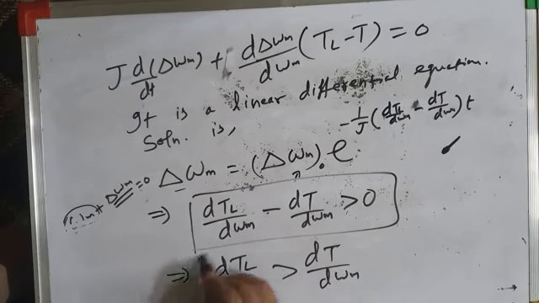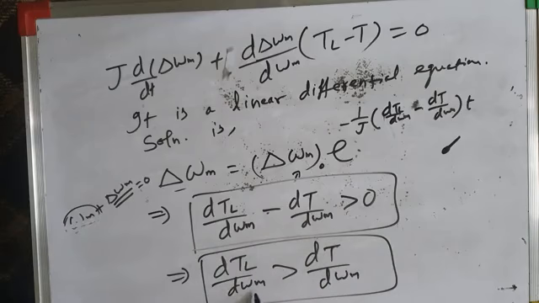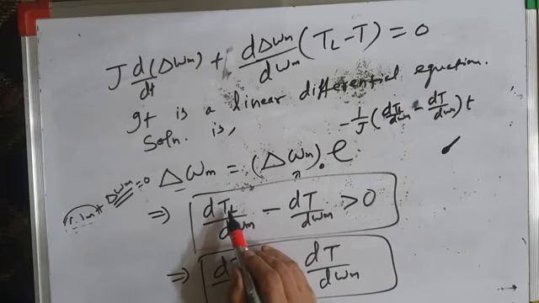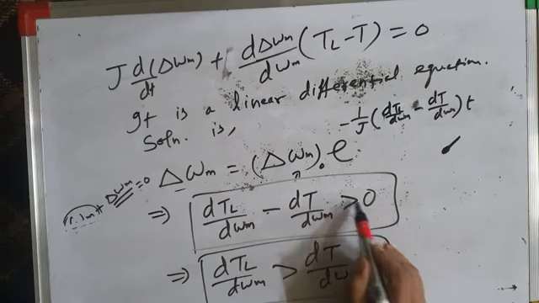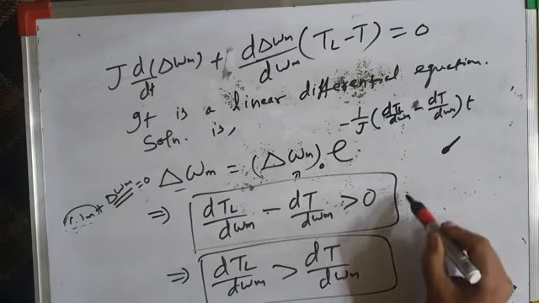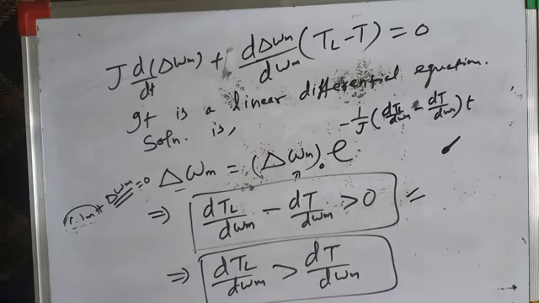That means the rate of change of load torque with respect to speed should be greater than the rate of change of motor torque with respect to speed. This should be greater than 0.